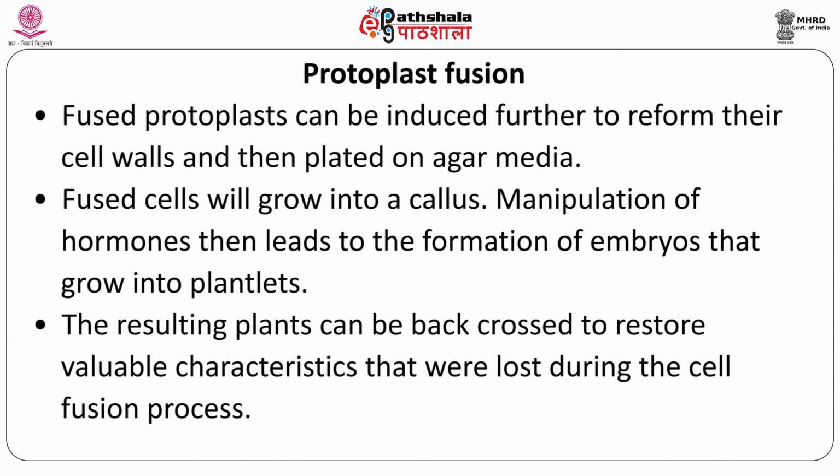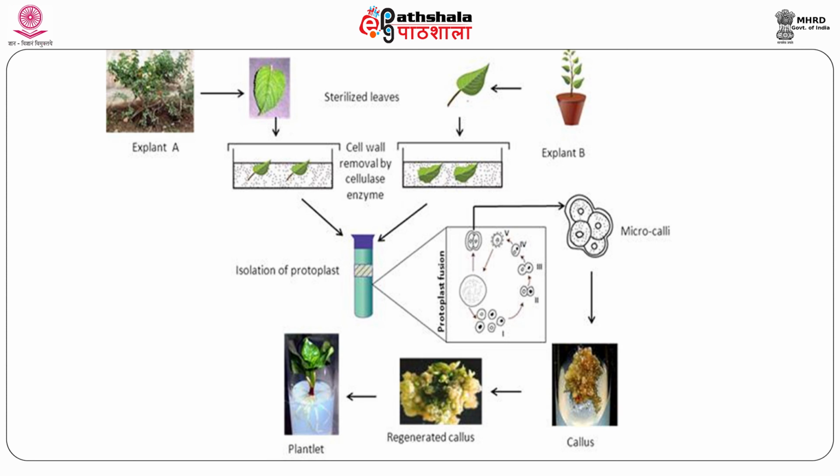Now, what do you think will happen, right? Fused cells will grow into a callus, again callus. So manipulation of hormones then leads to the production of whole plantlets. The resulting plants can be backcrossed to restore valuable characteristics that were lost during the cell fusion process.